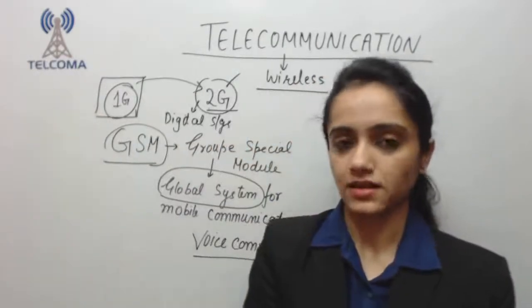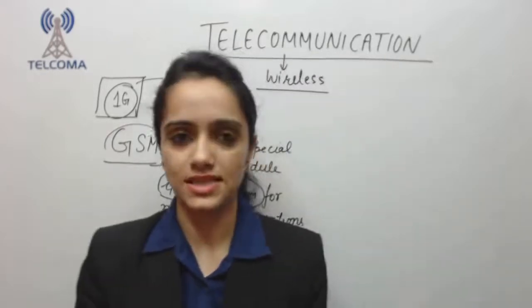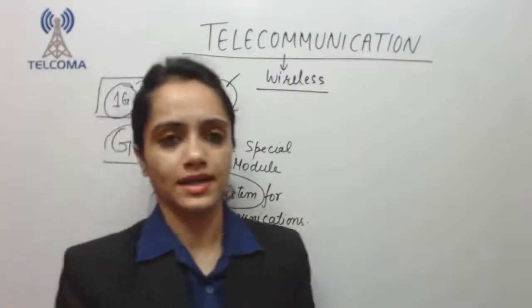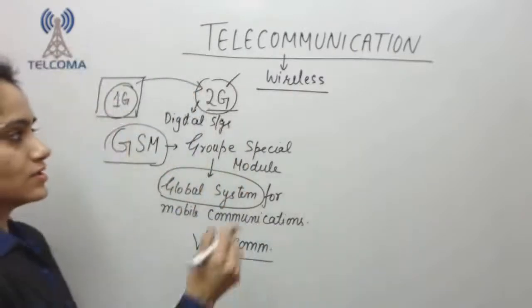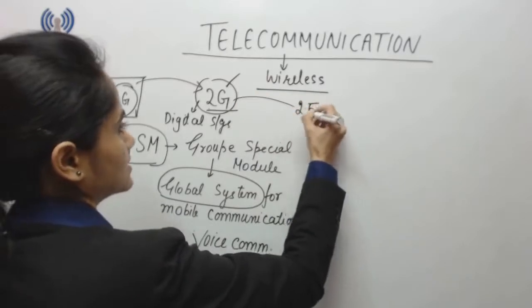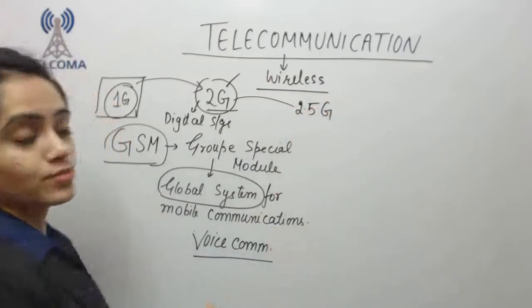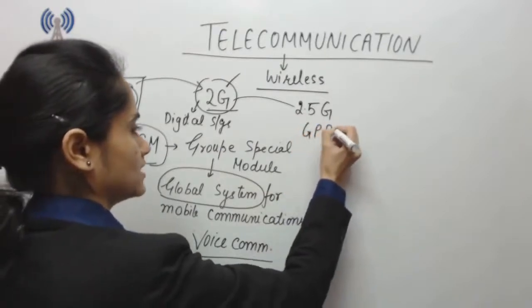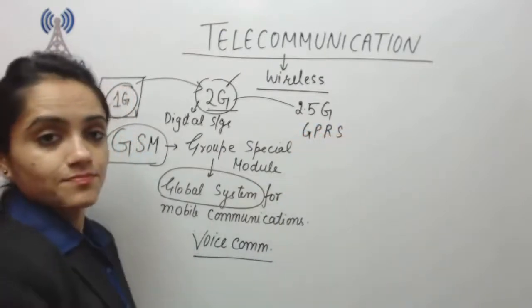After voice, our main aim is data. What we require from a server end is data access. So we move to another technology, which we call 2.5G, and the technology is GPRS.